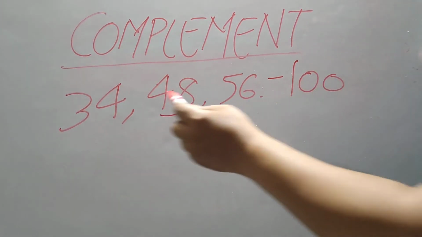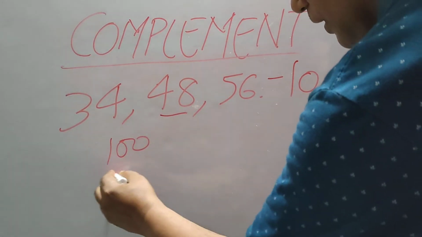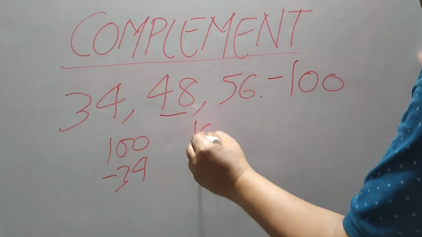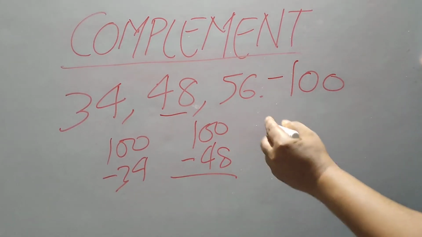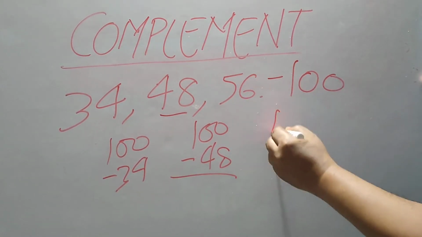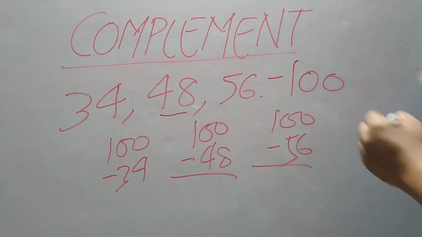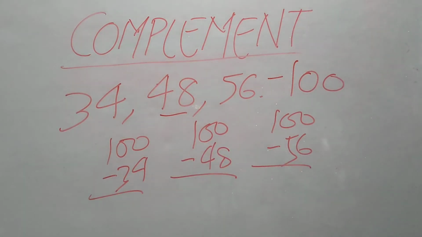Now to find the complement of 34, I will subtract 34 from 100. In the similar way, for finding the complement of 48, I will subtract 48 from 100. For finding the complement of 56, I will subtract 56 from 100. Now here comes a very useful sutra of Vedic mathematics.